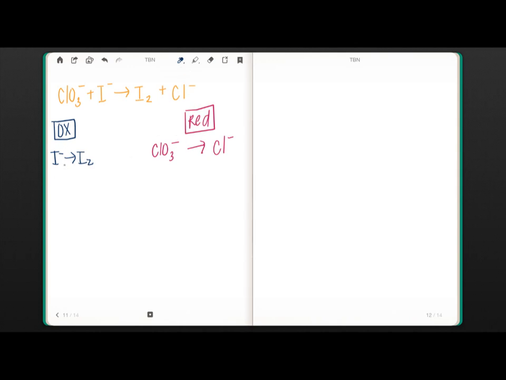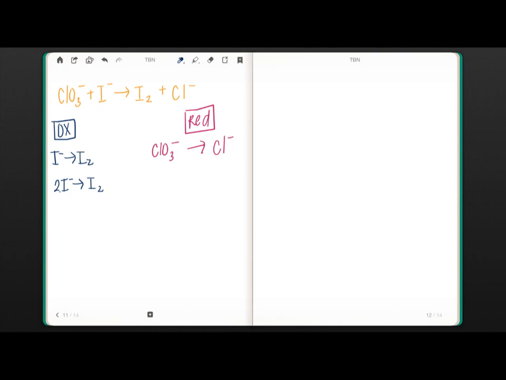So as I said in the first step, balance the elements except oxygen and hydrogen. So here we only have iodine, which is good since there's not that much work to do for this one. So you have 2 iodine here, and you only have 1 here. So you need 2 I minus as it goes to I2. Alright, so your iodine is balanced, but what's not balanced is the charge.